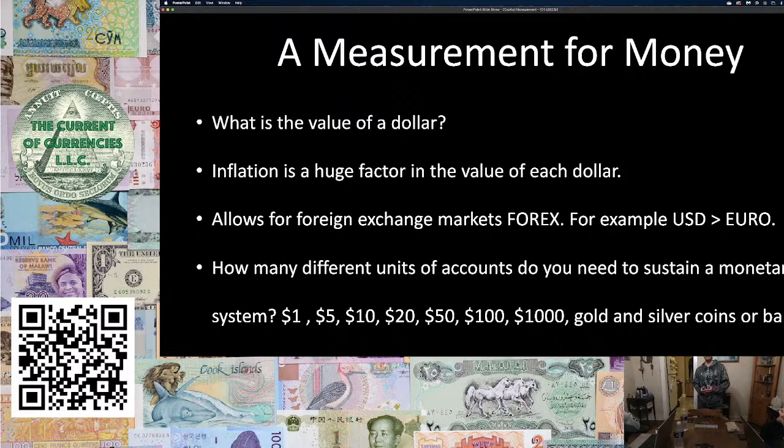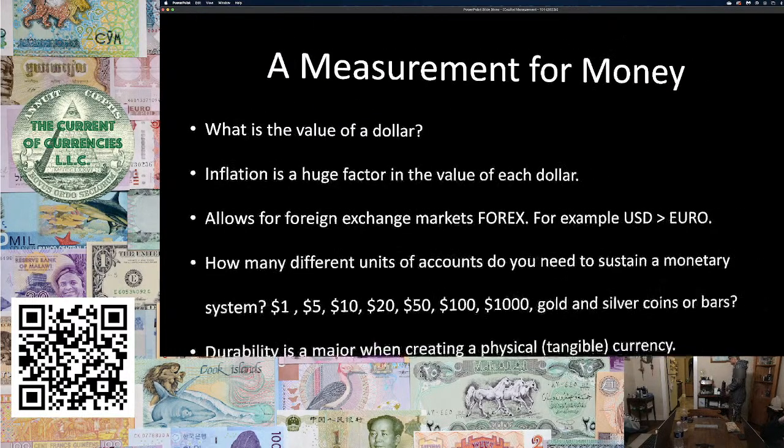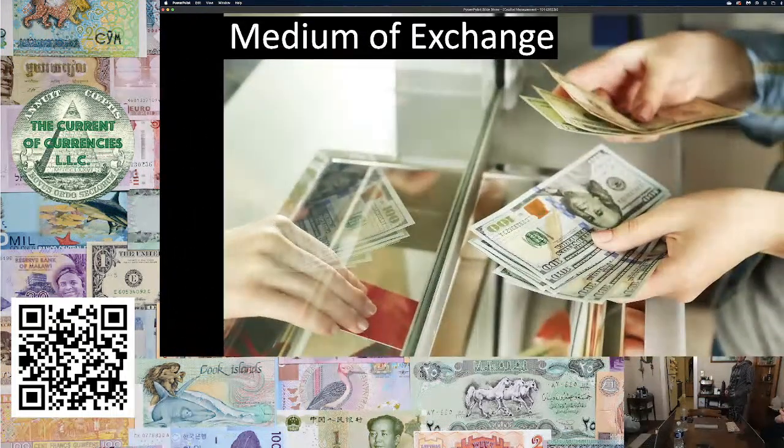So durability is a major factor when creating a physical or tangible currency, because not only does it have to keep your space in your wallet, but it needs to make sure that it can be held over long periods of time. That's why if you wash a dollar bill, it doesn't get broken up, because if that happened, we'd be losing immense amounts of money all of the time. I've had a couple dollar bills rip up in the washer, exactly.